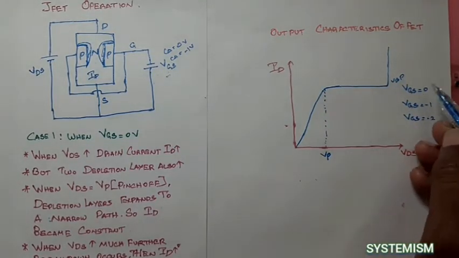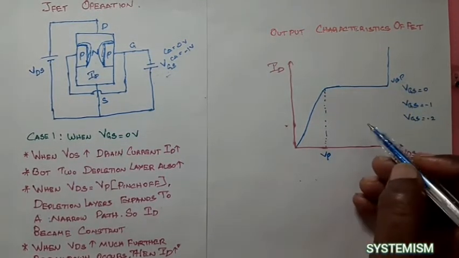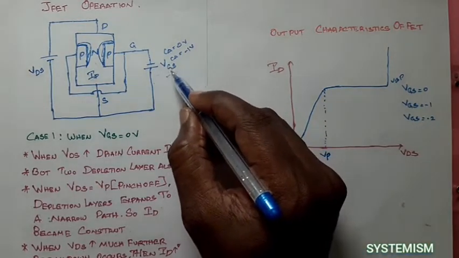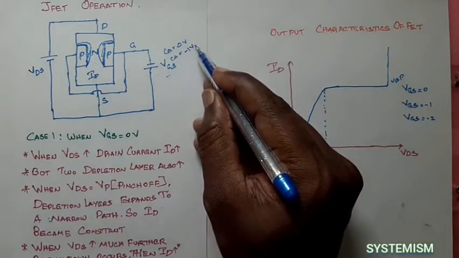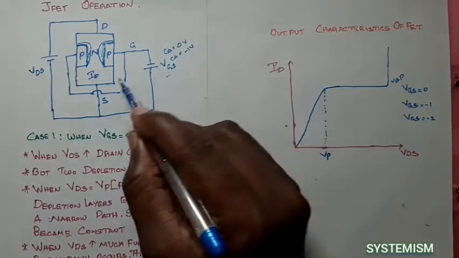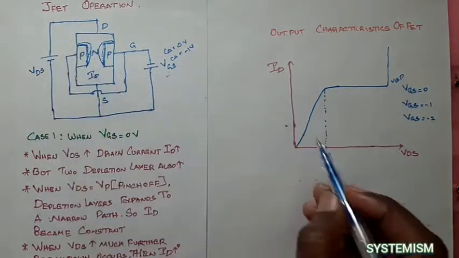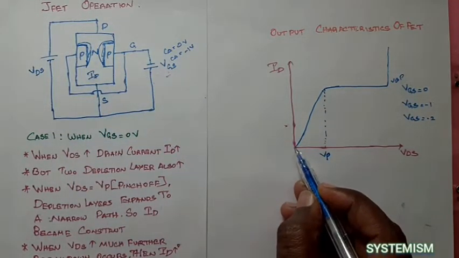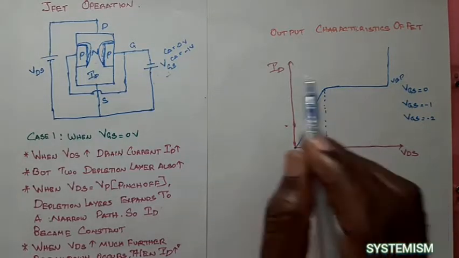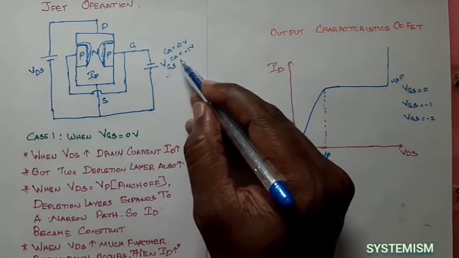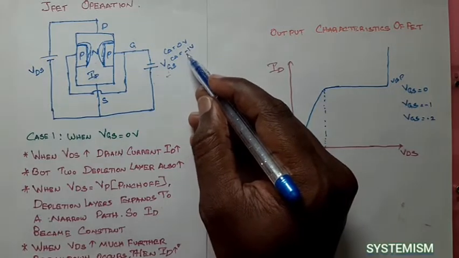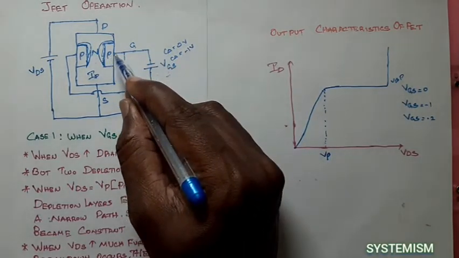Now for the next case, case 2, VGS equal to minus 1 volt. I am applying minus 1 volt before starting this operation. I'm taking VDS to 0 and everything to 0. First I am setting VGS to minus 1 volt. A negative voltage is given to the P-type layer.